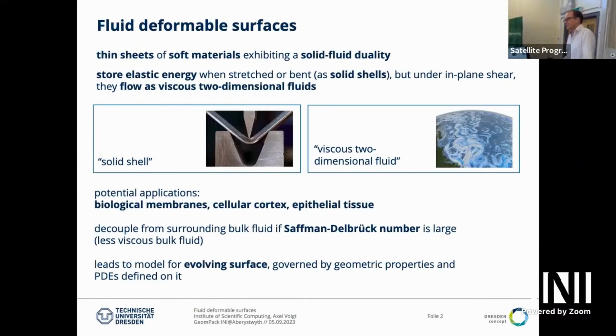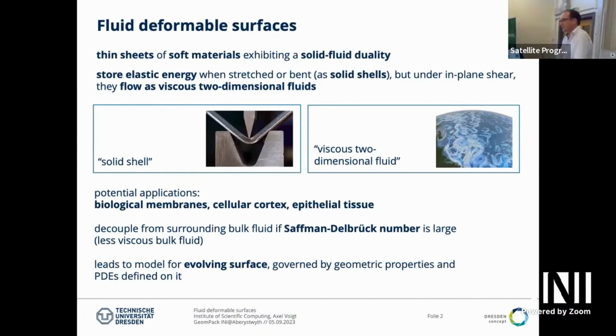These materials can store elastic energy when stretched or bent, like solid shells, and here is an extreme example. But in addition to that, under in-plane shear, they flow as viscous two-dimensional fluids. And there's another extreme example of that.